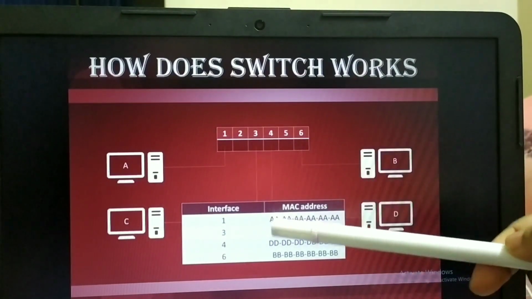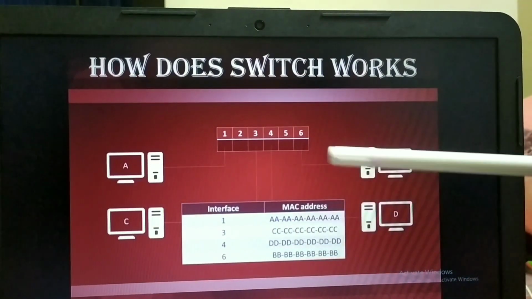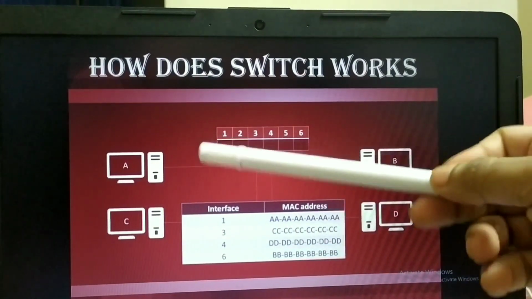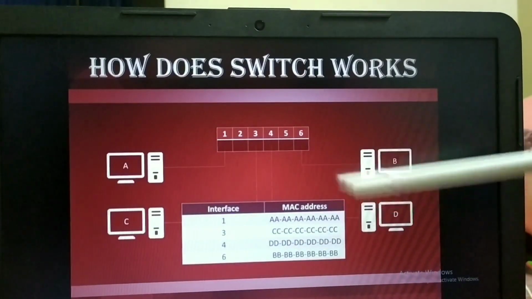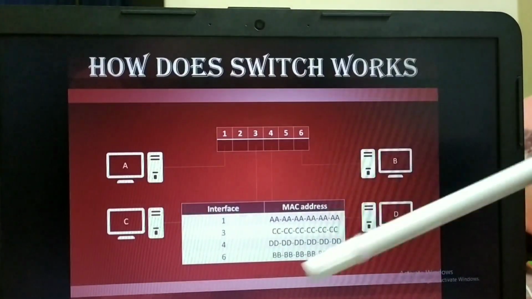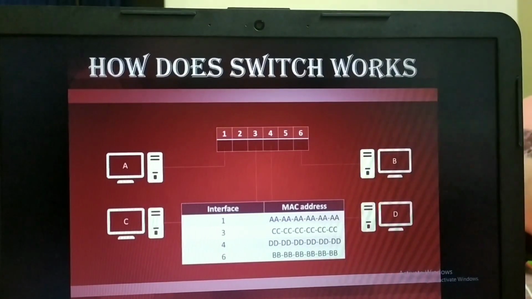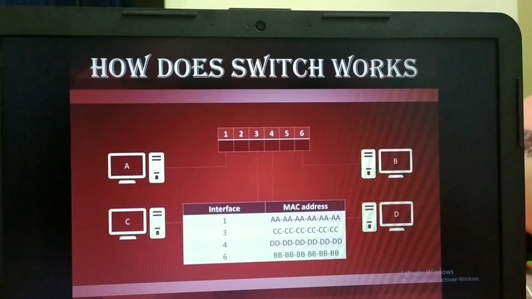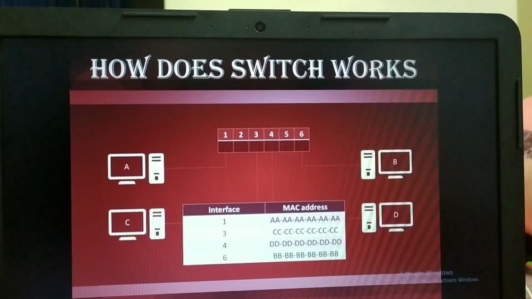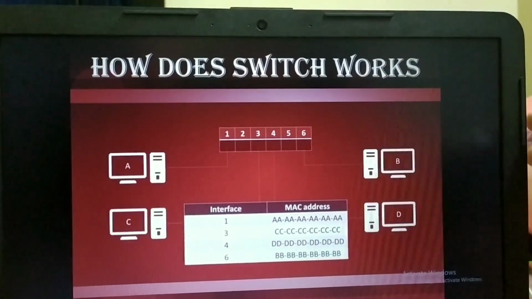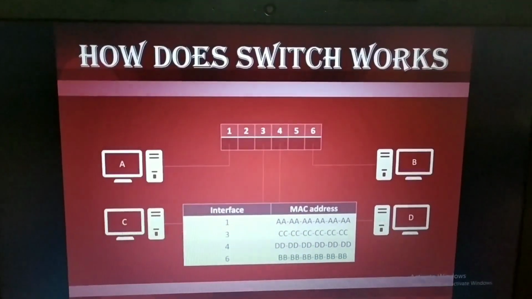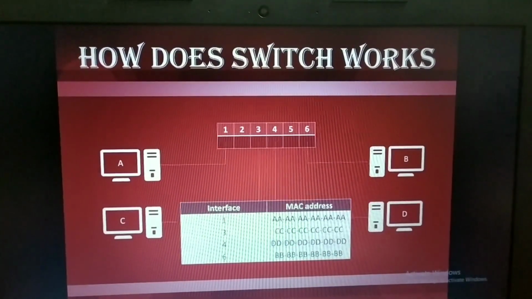Okay, so we got a difference from hub: hub cannot identify its nodes or cables separately, but the switch can identify its separate nodes. And how can it identify them? We got easily that it identifies them by the MAC address.